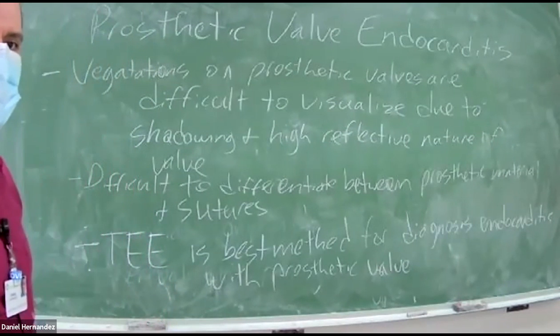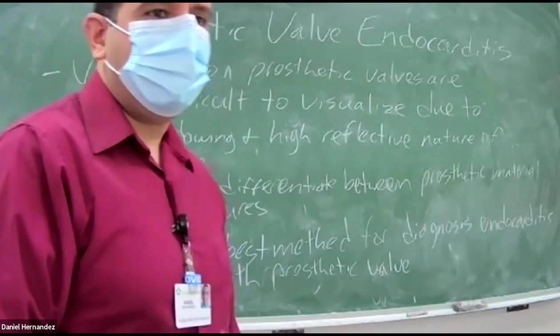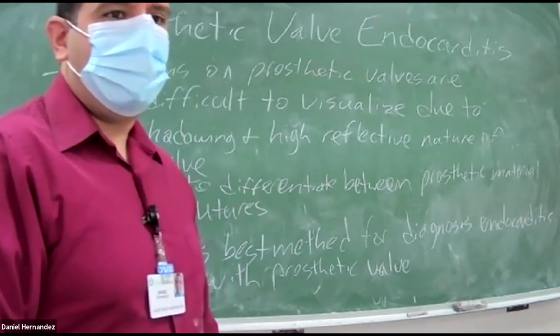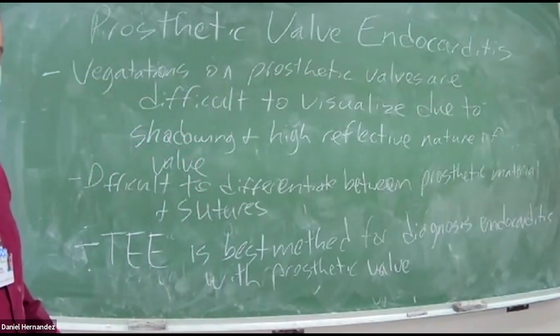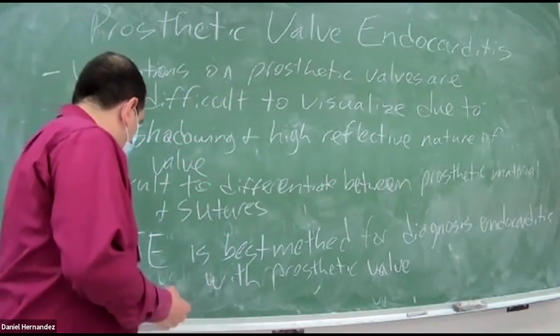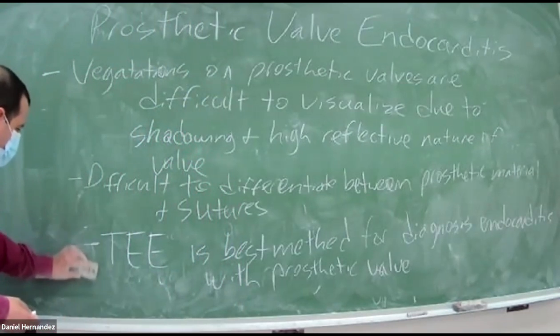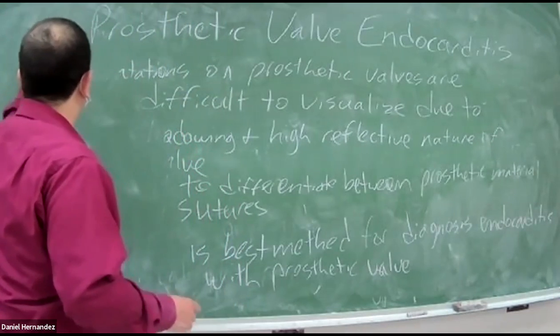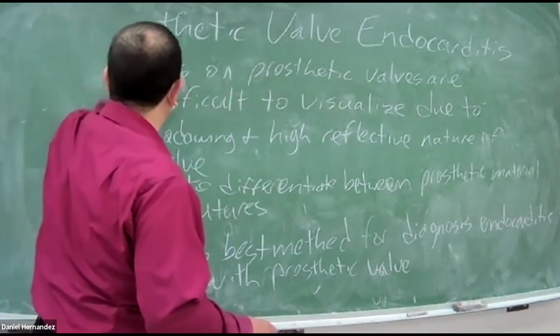So with infected intracardiac devices, the prosthetic material is difficult to treat for endocarditis without removal. These vegetations are a tough, nasty infection, and they can be very difficult to treat and to remove.